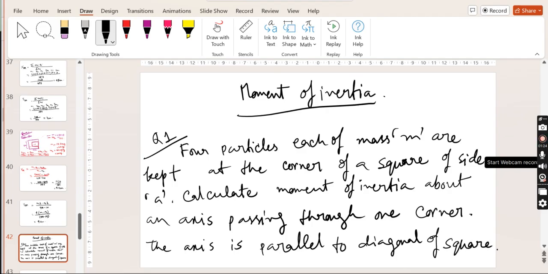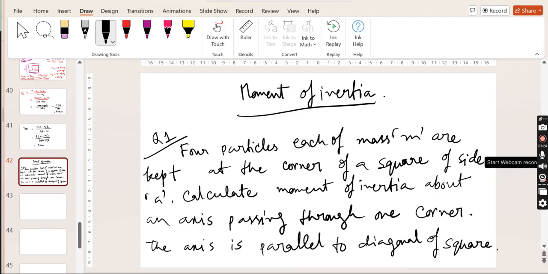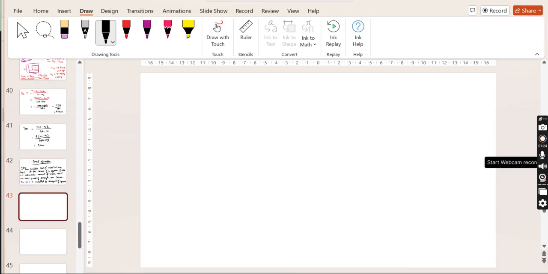So basically 4 particles, each of mass m, are kept at the corners of a square of side A. We need to calculate the moment of inertia about an axis passing through one corner. The axis is actually parallel to the diagonal of the square.